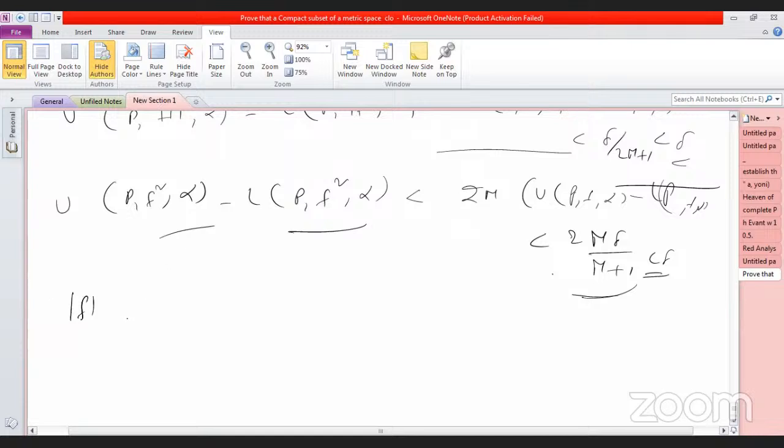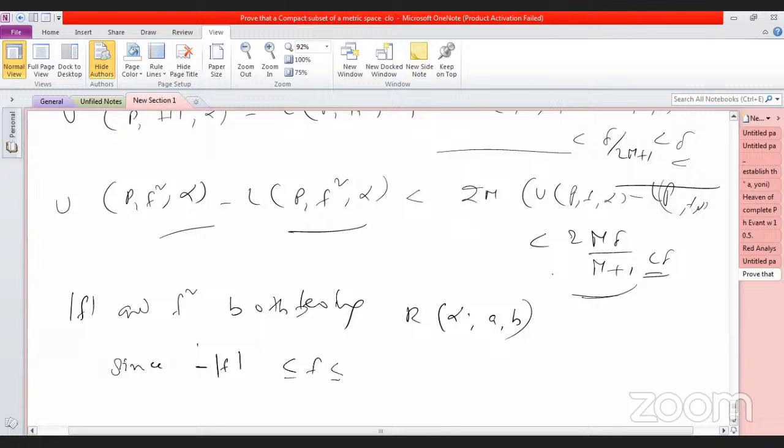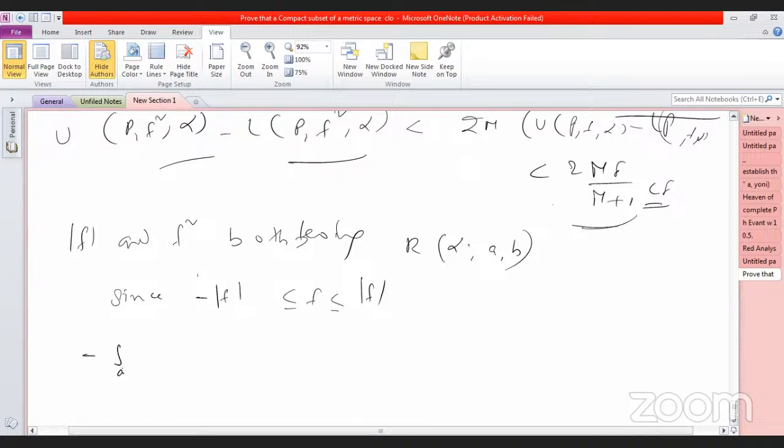Thus modulus of f and f square both belong to R(alpha) on [a, b]. Do they belong or not? Yes sir. So since minus modulus of f is less than or equal to f, which is less than or equal to modulus of f, we are taking negative to positive here, then we have minus integral a to b of modulus of f d alpha is less than or equal to integral a to b of f d alpha, which is less than or equal to integral a to b of modulus of f d alpha.